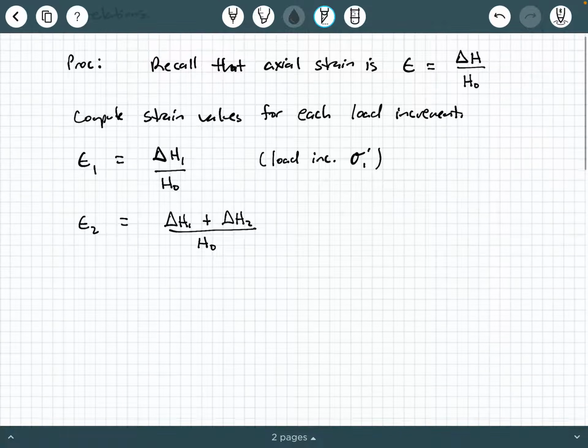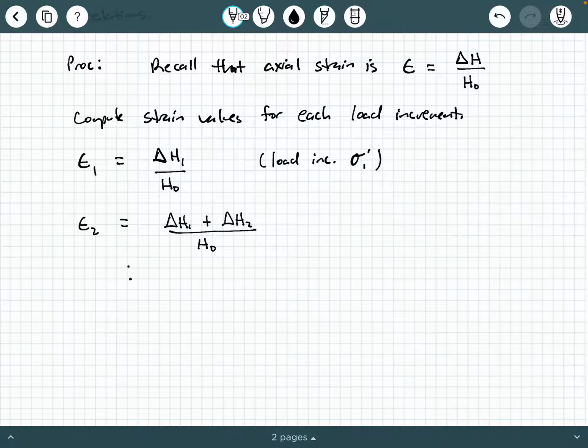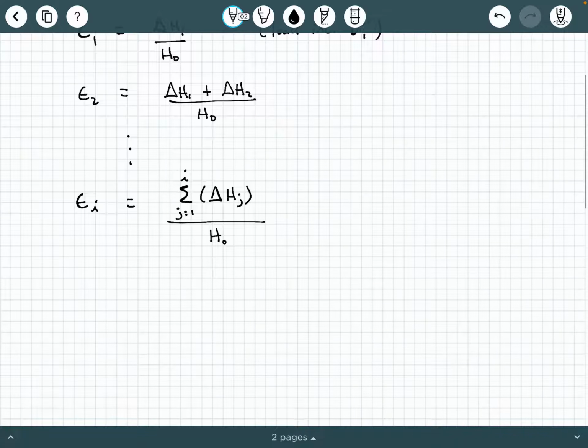All right, so as we keep going, we can say dot, dot, dot, and we can say epsilon sub I equals the summation of delta H sub j as j goes from 1 to I, all divided by H naught. Now, let's be clear on our labeling here, okay?